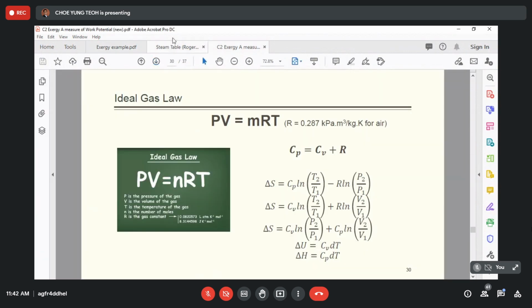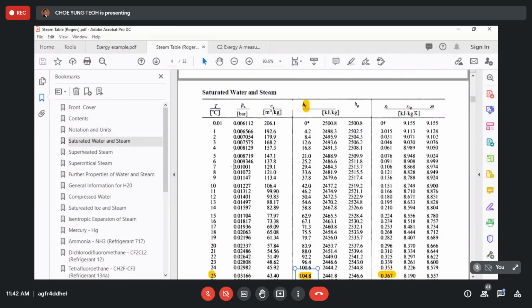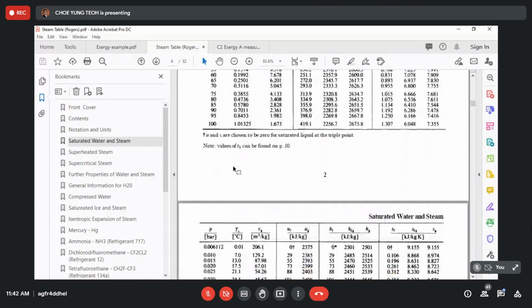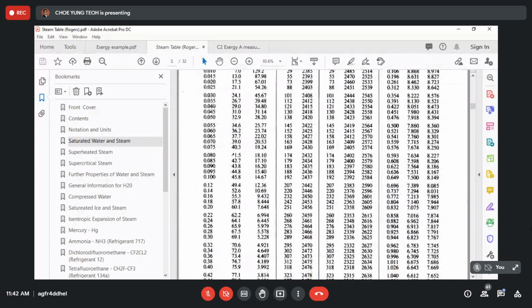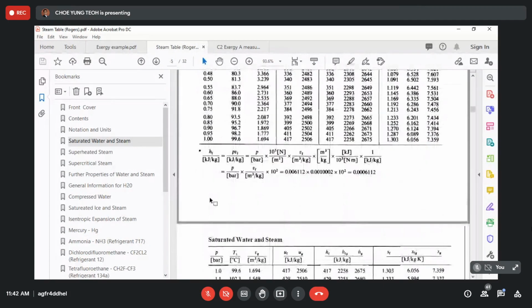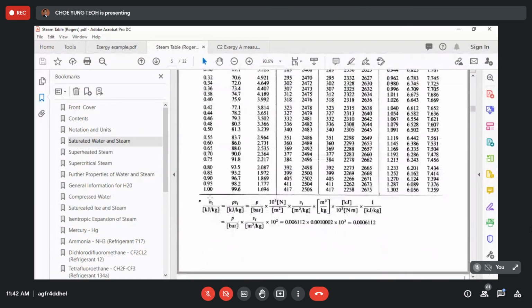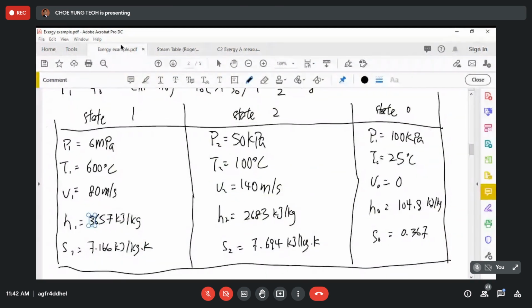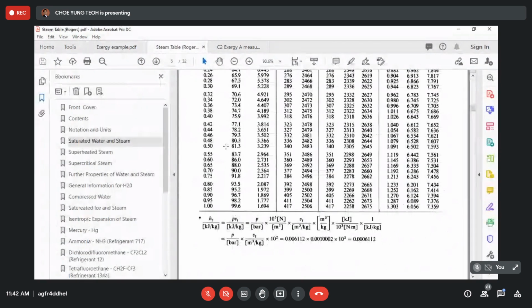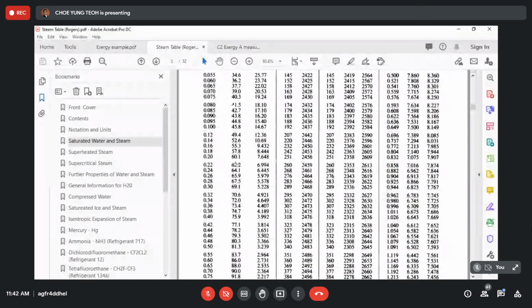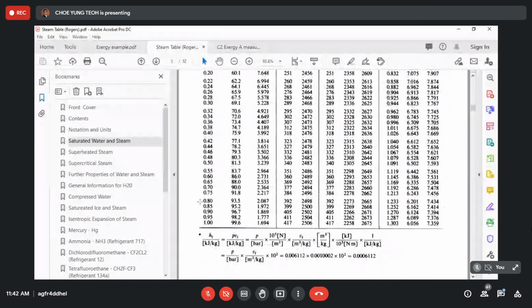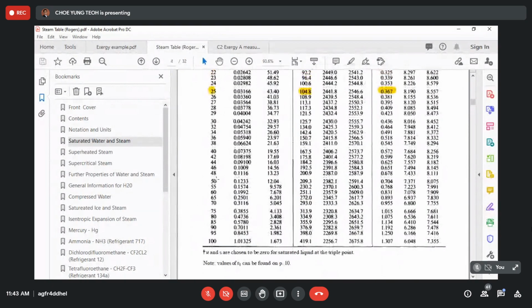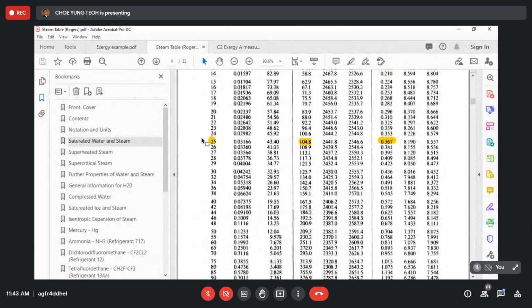Remember, do not use the pressure table for this case. Even though the pressure is 1 bar, you have to use the temperature as a reference, because at 25 degrees Celsius, our water is incompressible.